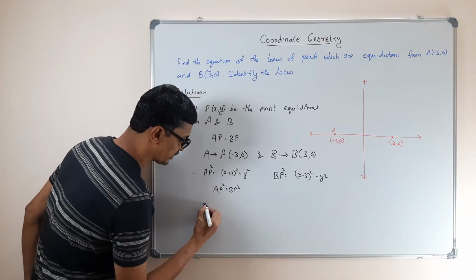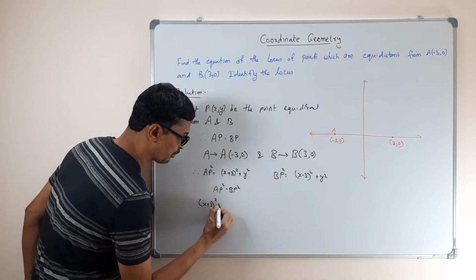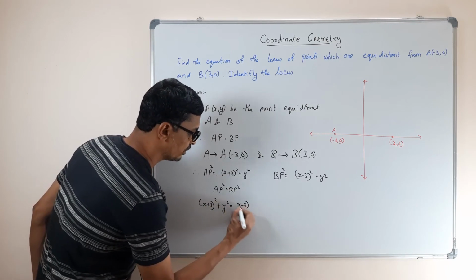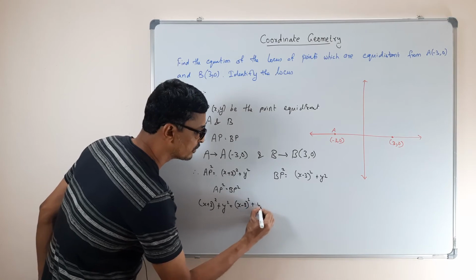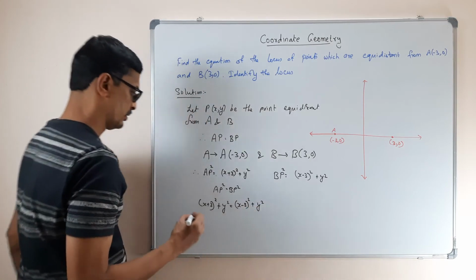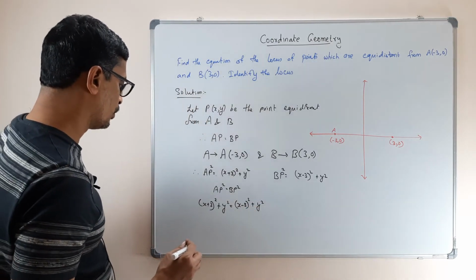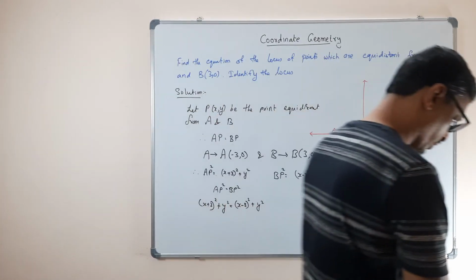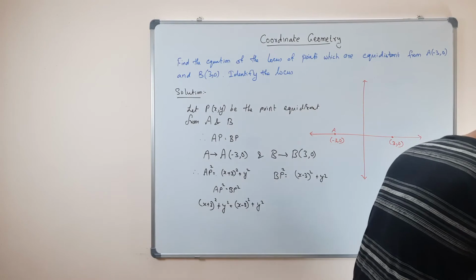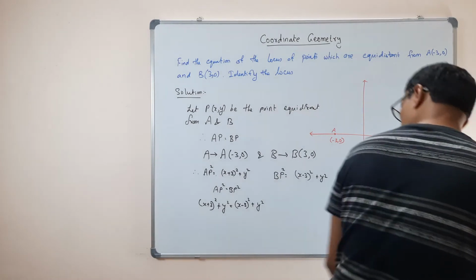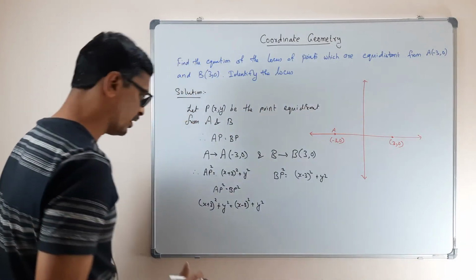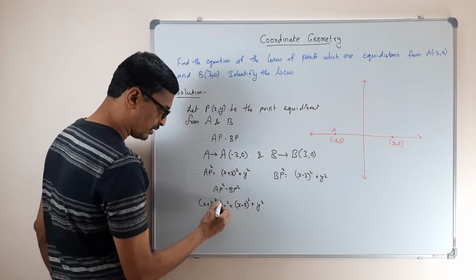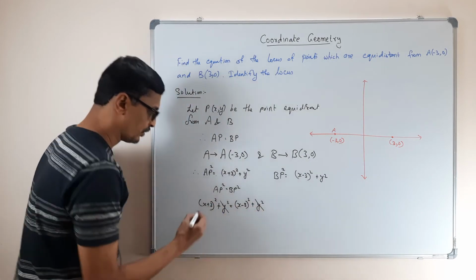So (x plus 3) whole square plus y square will be equal to (x minus 3) whole square plus y square. Of course, (x plus 3) whole square is not equal to (x minus 3) whole square.